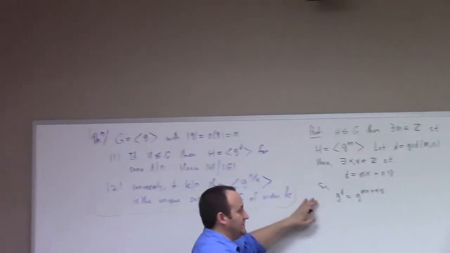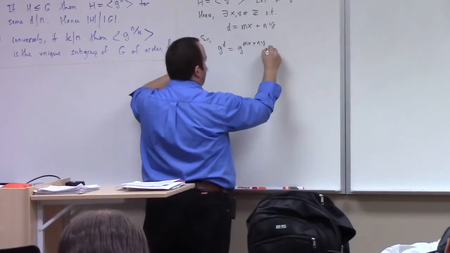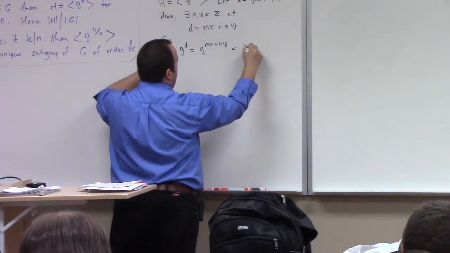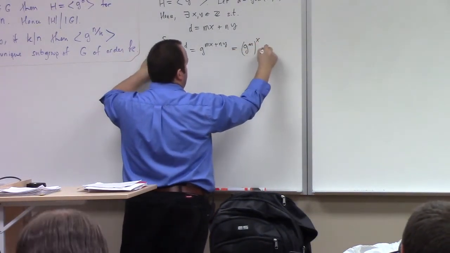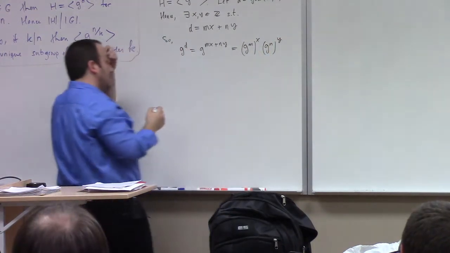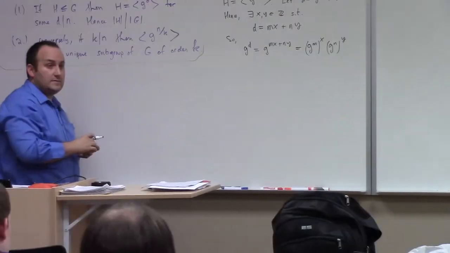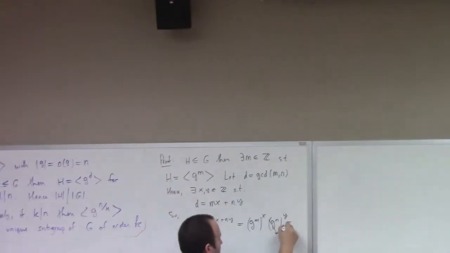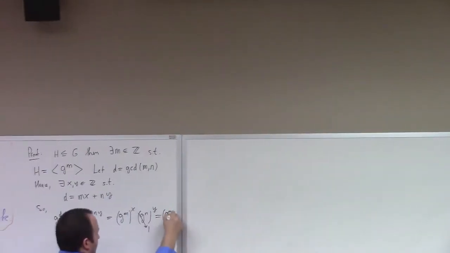Laws of exponents say that this is what? G to the M to the X, right? G to the N to the Y, but what's G to the N? G to the N is what? Is 1, right? So this is just G to the M to the X.